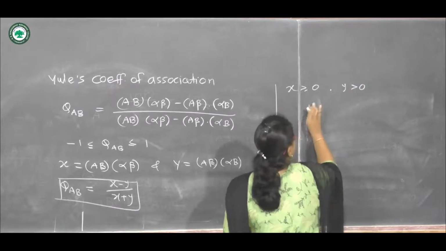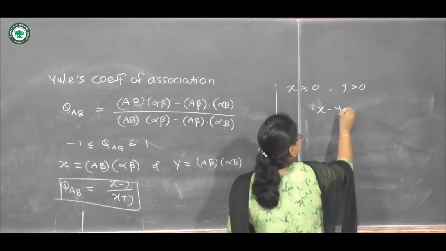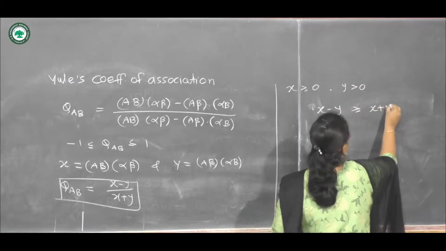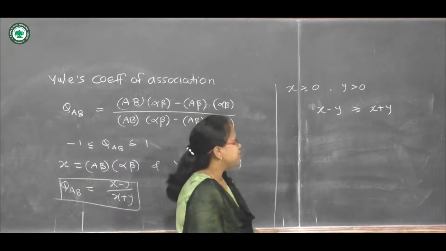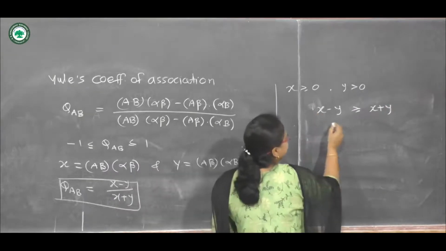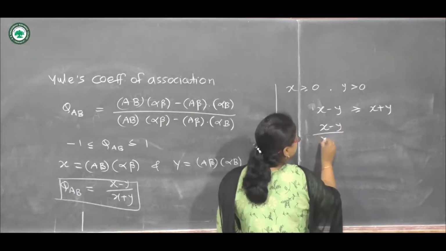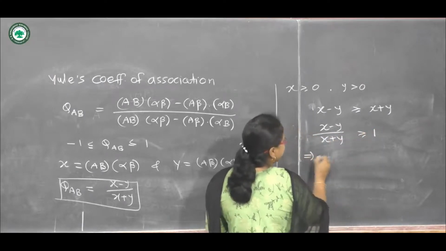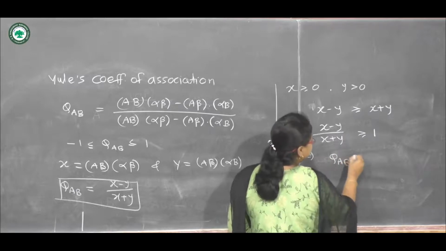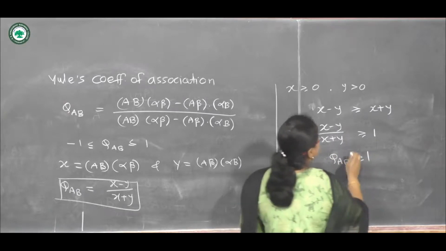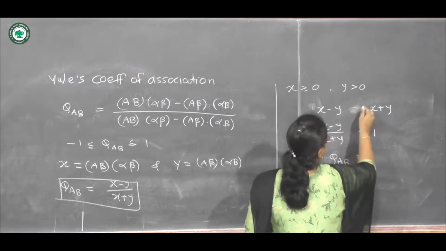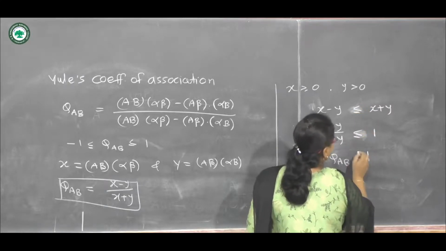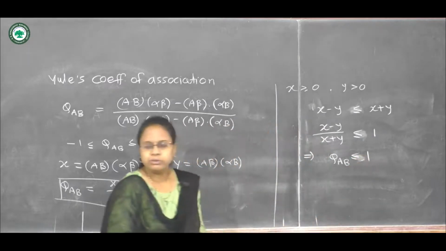So we know that x minus y will always be less than x plus y. Further, (x minus y) upon (x plus y) will be less than or equal to 1. So this implies Q_AB is always less than or equal to 1.